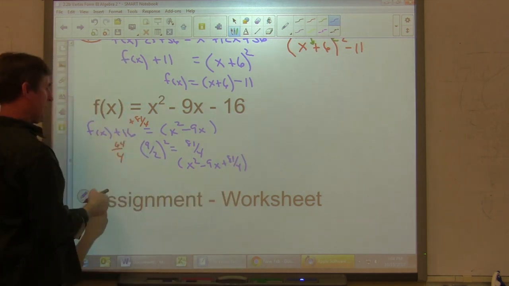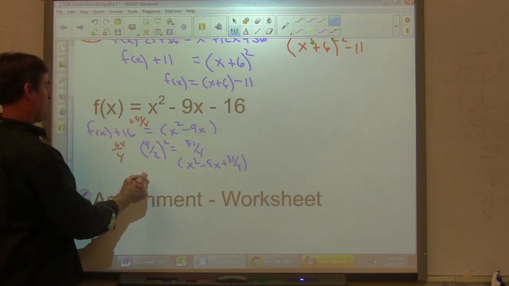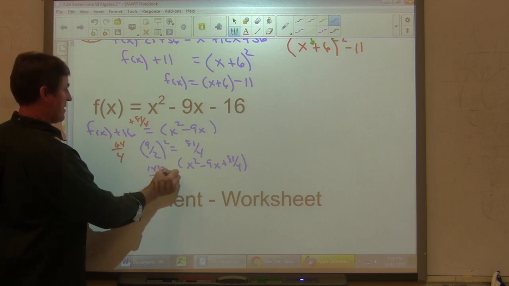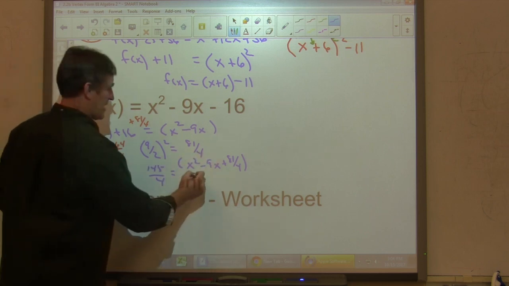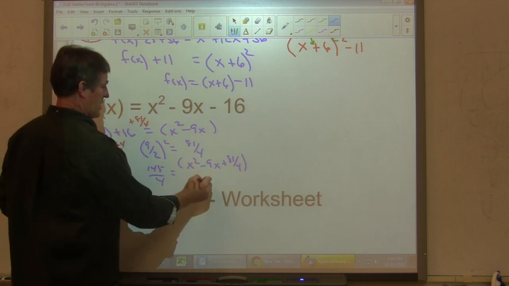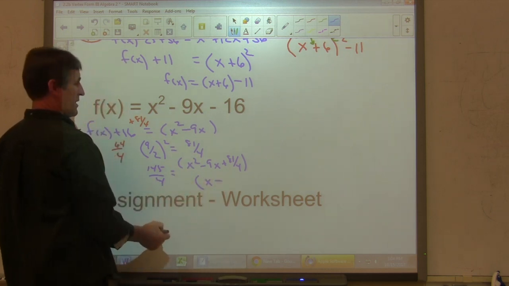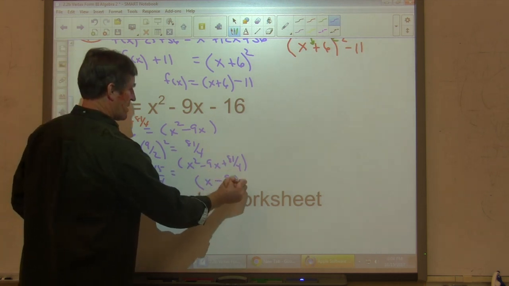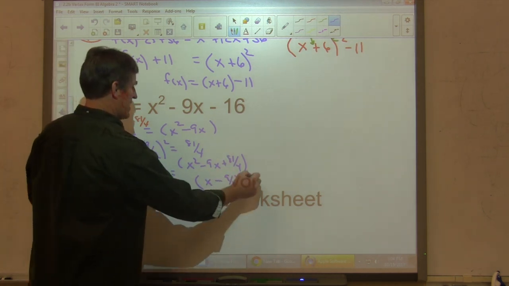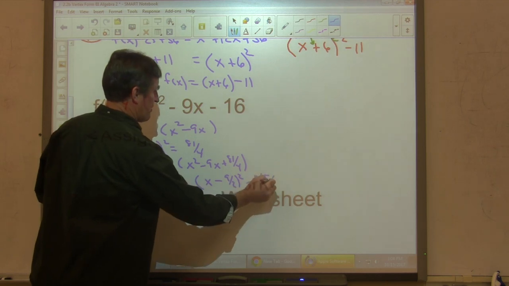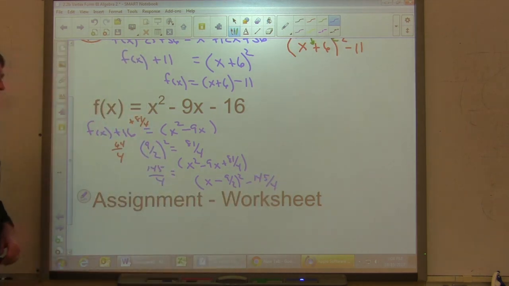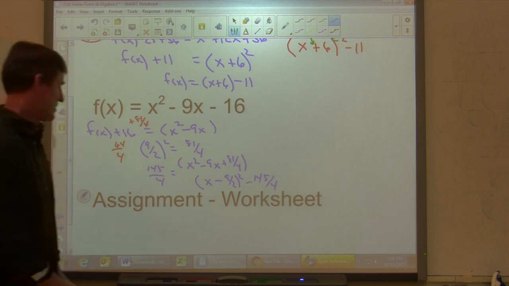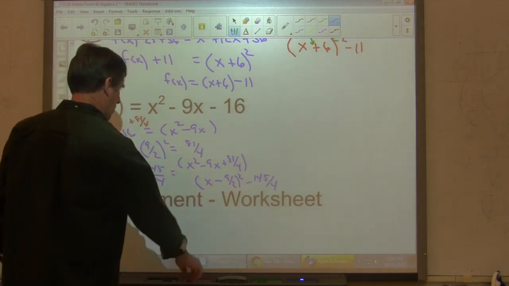And on this side I'm going to get 81 plus 64 is 145 fourths. And then I'm going to move it back to that side. So now I take the square root of x squared is x. The middle sign's minus. The square root of 81 fourths is 9 halves. And then minus 145 fourths. So don't let the fractions confuse you. It's the same process. Again, you can use decimals if you want.